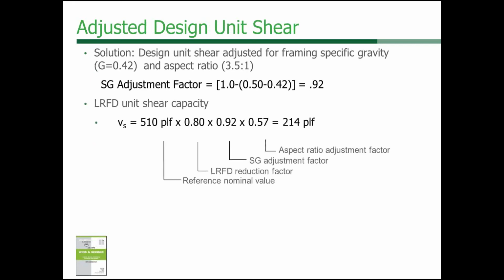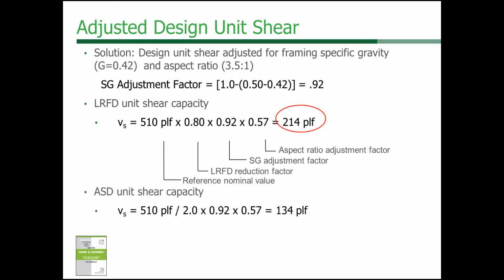And given all that, with the specific gravity adjustment and the aspect ratio adjustment, because it's up to 3.5 to 1, and then we have to change it into an LRFD design, we go from 510 pounds per linear foot to a capacity of 214 pounds per linear foot.